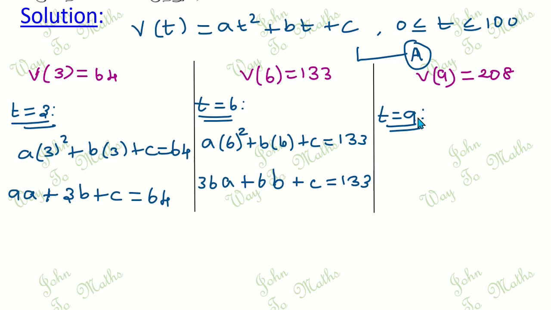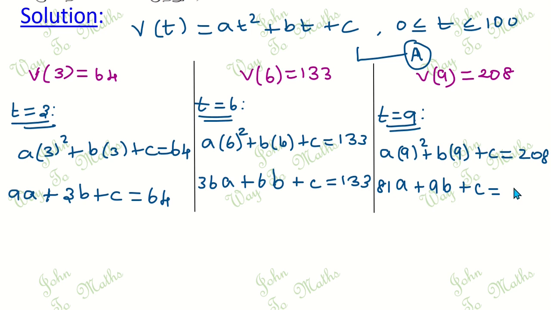Then t is equal to 9 substituted in equation number A. So a times 9 squared plus b times 9 plus c is equal to 208. Here 9 squared becomes 81. So 81a plus 9b plus c is equal to 208.